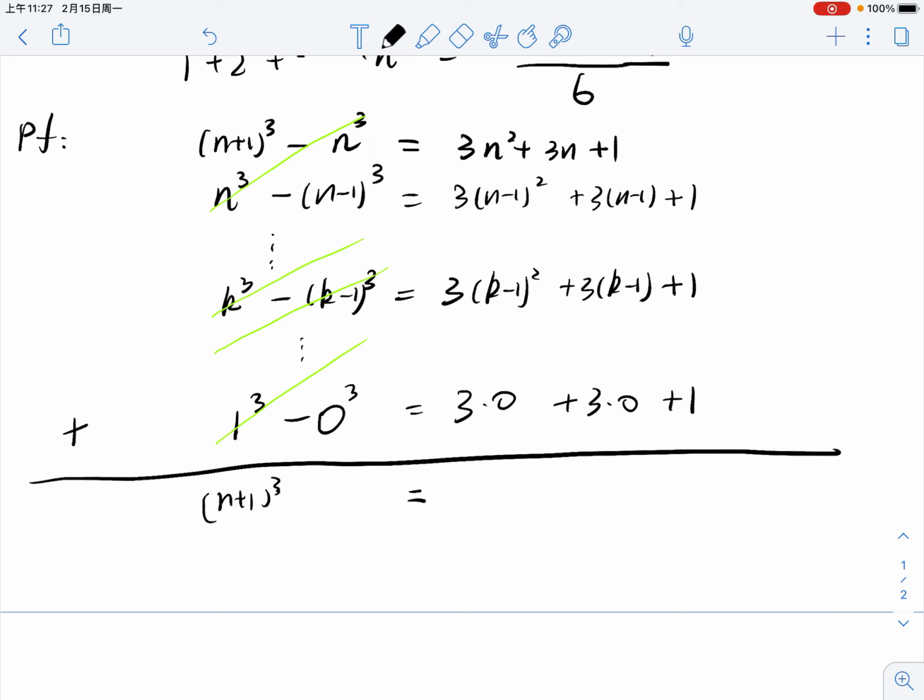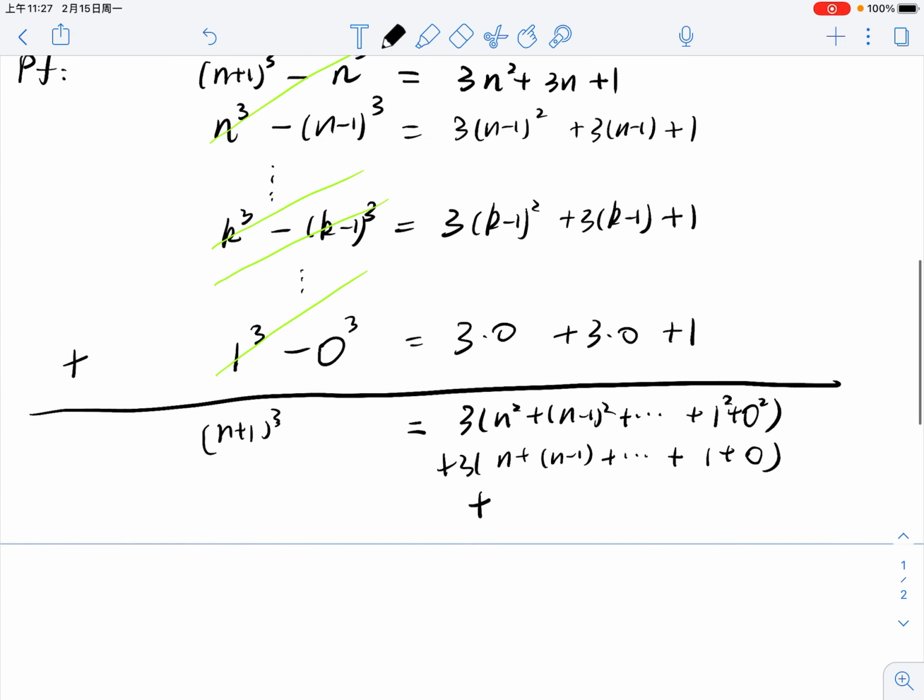On the right hand side, you have 3 times (n squared plus (n minus 1) squared plus all the way to 0 squared) plus 3 times (n plus (n minus 1) plus all the way to 1 plus 0). And you have many 1s.